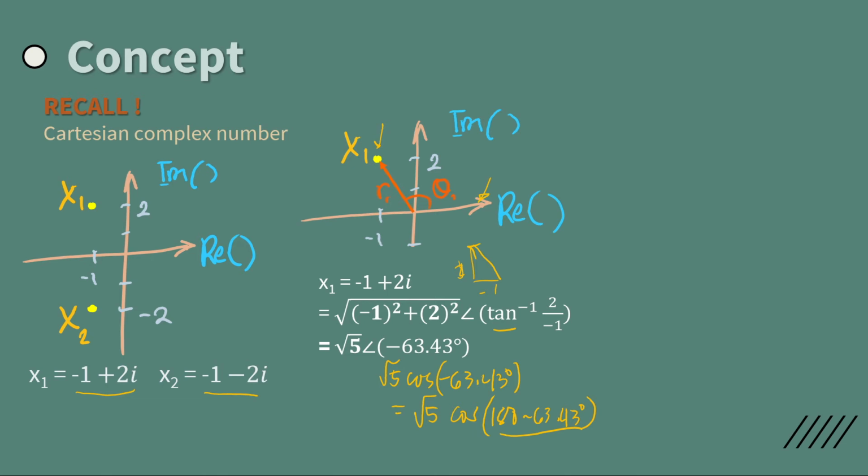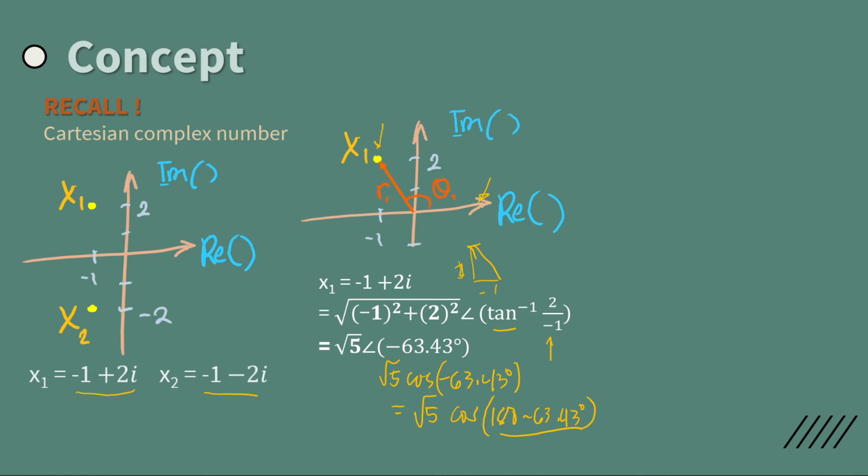So in order for you not to get confused, you don't need to worry about the angle here, whether you need to add 180 or not, because the opposite angle will give us the same result.